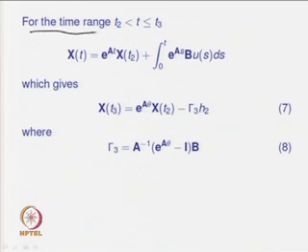So, for the time range t, starting from time t equal to t2 to time t equal to t3, the solution of the state equation gives us x(t) is equal to e to the power At x(t2) plus integral from 0 to t of e to the power A s b u(s) ds. Why am I not starting the limits of the integral from time t2?